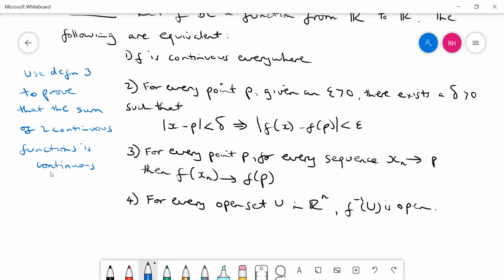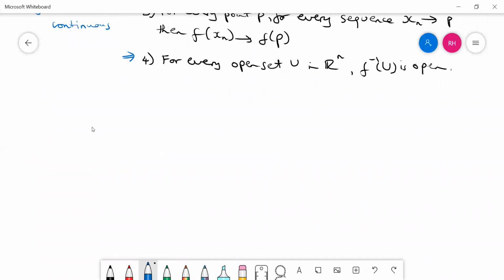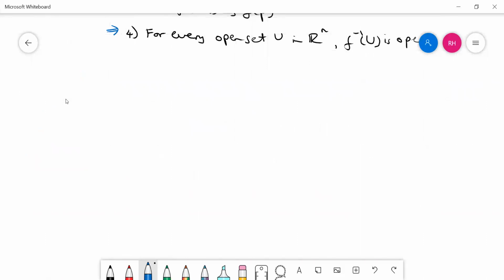Now, just for a bit of fun and to make it more relevant, I'm going to chop off the 3 here and do 4. So we're going to use the open sets ideas to prove that the sum of 2 continuous functions is continuous. So let me go up here, where I'll write the proof.